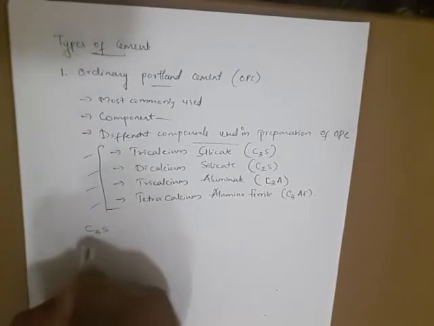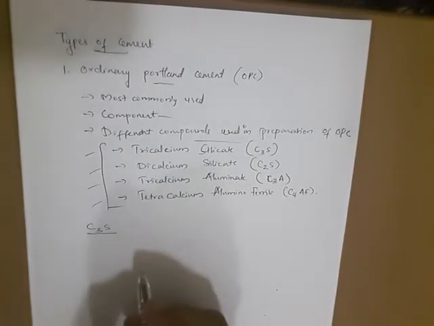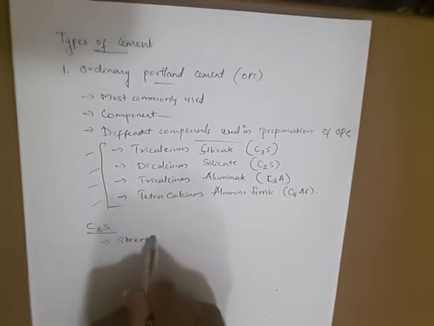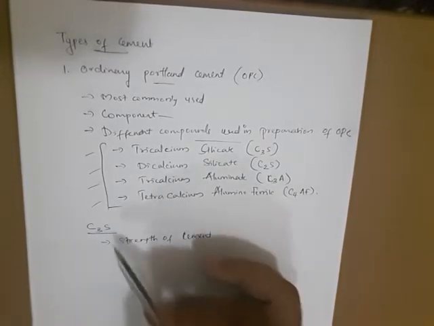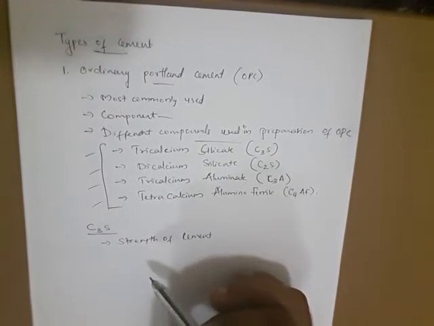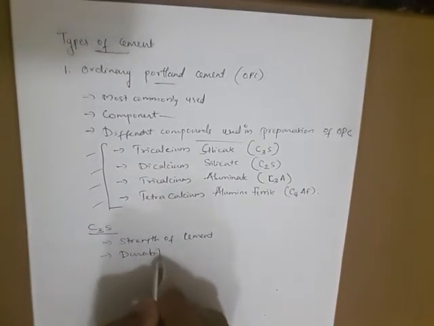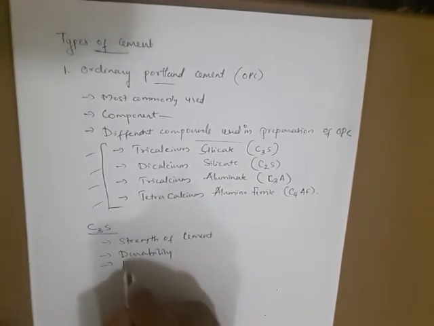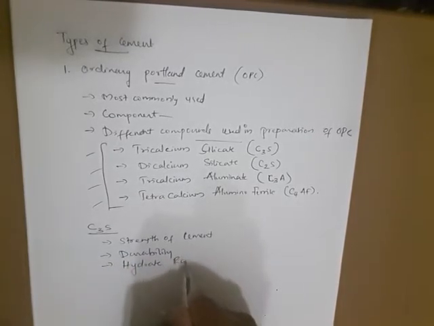First, C3S, that is tricalcium silicate, which decides the strength of the cement, gives durability to the cement, and helps to hydrate the cement rapidly.